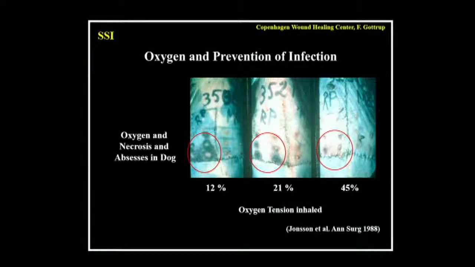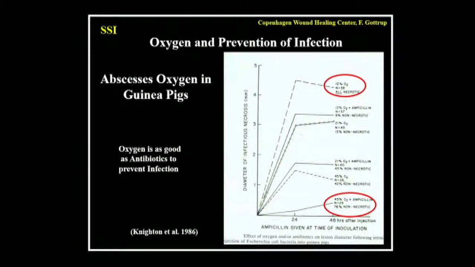If you are in normal air, 21% oxygen, then you have this type of abscesses. But if you are in hypoxia, low oxygen, you have much bigger abscesses. And if you give extra oxygen, then you have very little abscesses. And that was actually something that has been used since then.